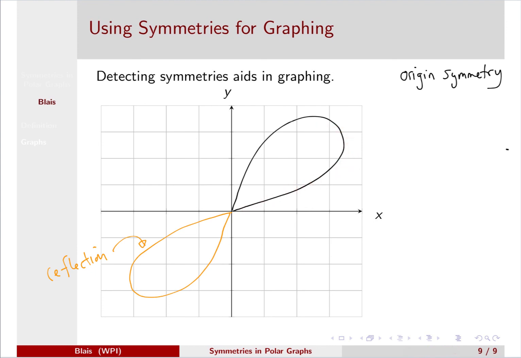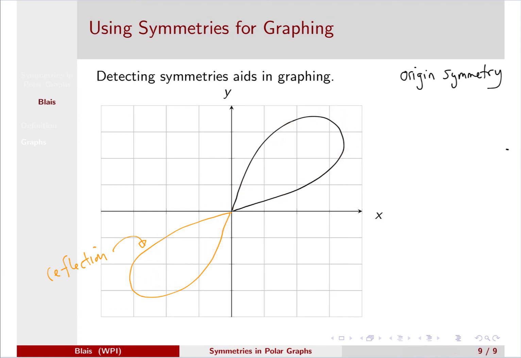It also happens sometimes when you graph things that you miss entire parts. Just by running through different values for theta, you may trace out part of a polar graph, but not all of it. And exploiting different symmetries allows you to detect other points that satisfy the polar equation that you wouldn't have gotten just by running through values for theta.